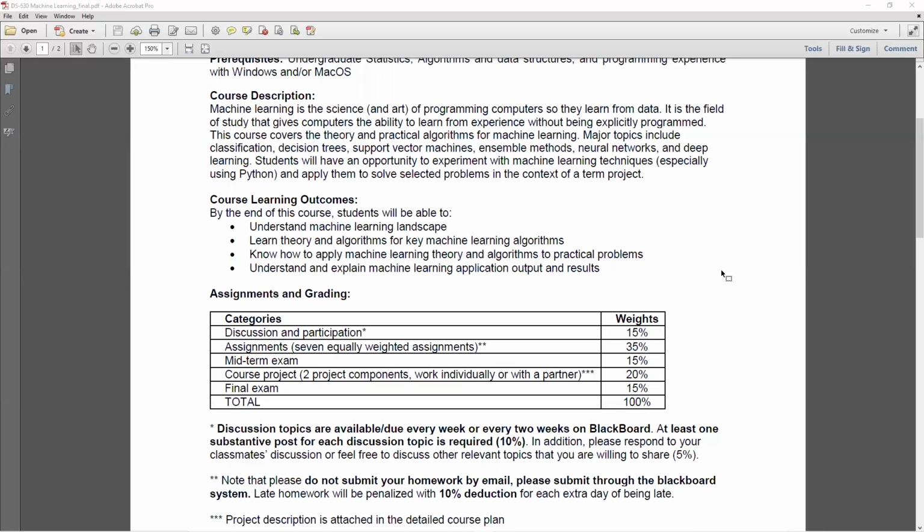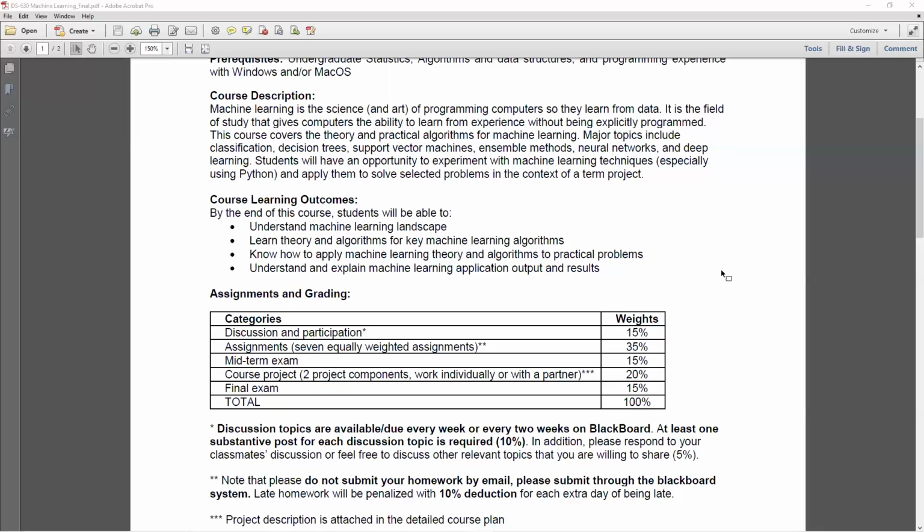And then the second part will be focused on neural networks and deep learning. Students will have the opportunity to experiment with machine learning techniques, especially using Python, and apply them to solve selected problems in the context of a term project.